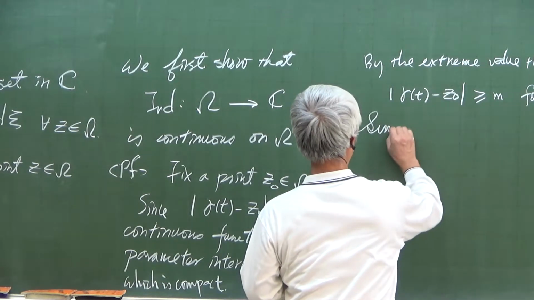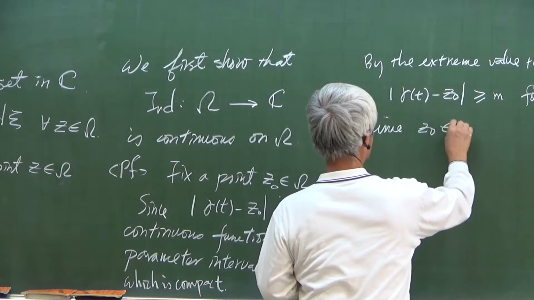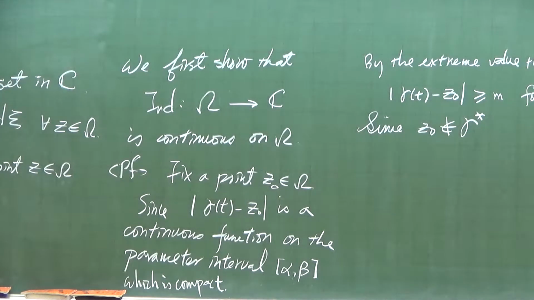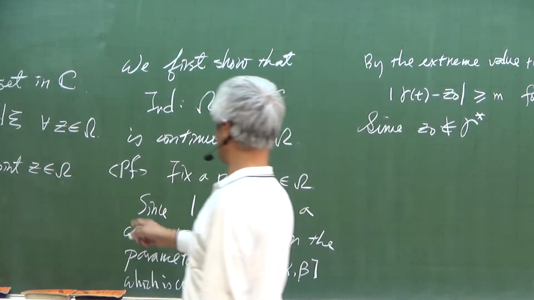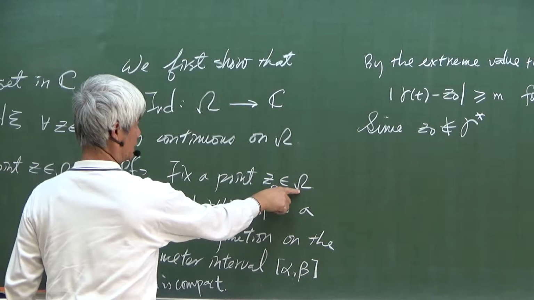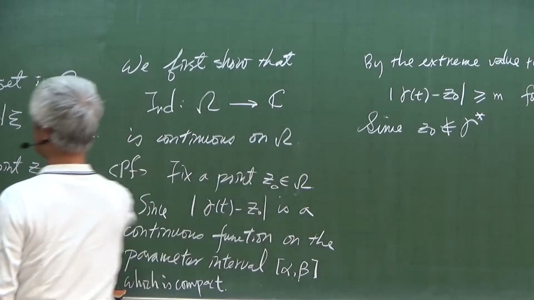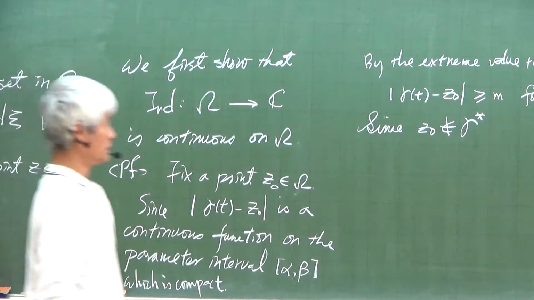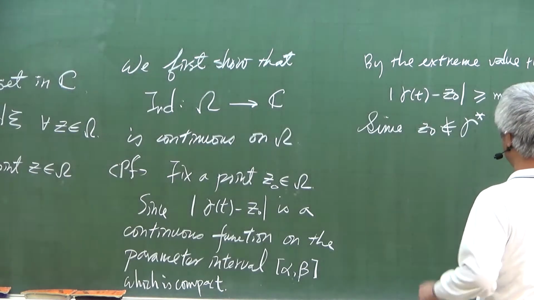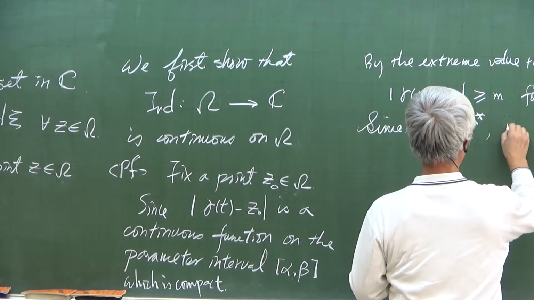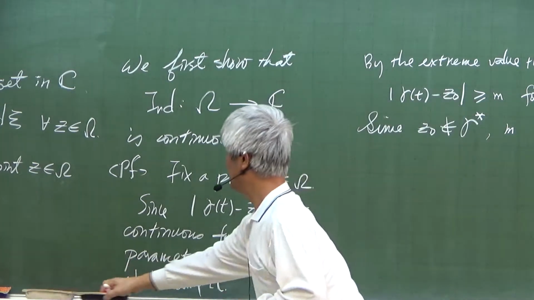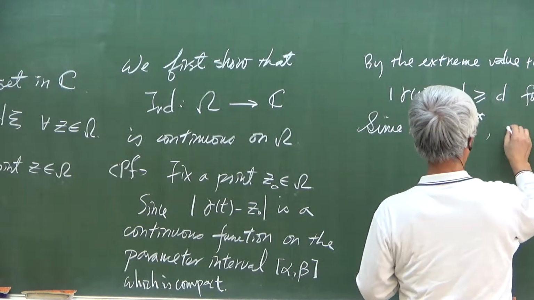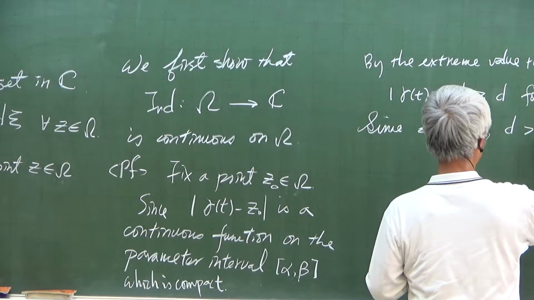Now, since Z0 is not in the image of gamma, because Z0 is a point in the open set, and the open set is the complement of gamma star, we know Z0 is not equal to gamma(t). So the minimum, let us call it d, must be greater than 0.